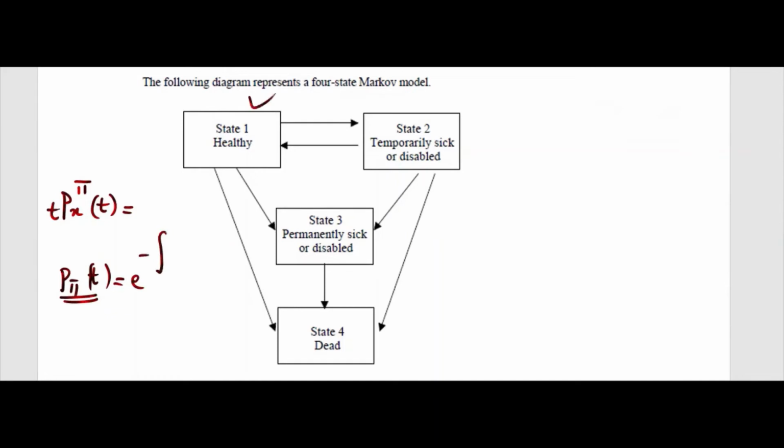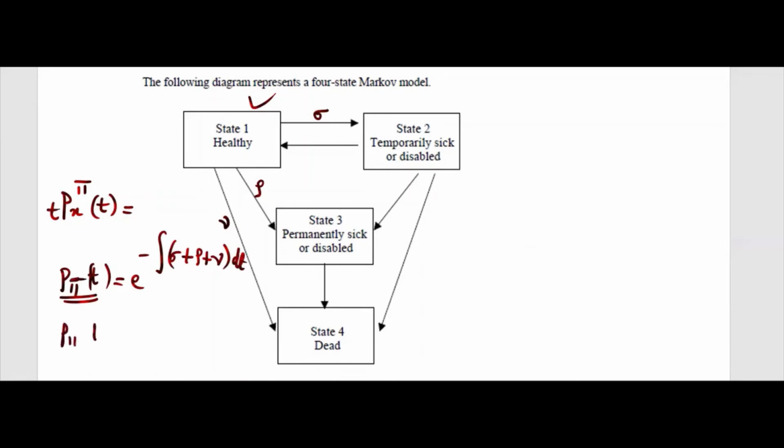So how many arrows going out? Here 1 to 2 going out. Sometimes you will get symbols also, mu, nu, sigma, rho, whatever. Suppose this is given here, and this is given 1, 2, 3, and this is nu. Then you have to write this plus this dt. This should be the formula for bar.